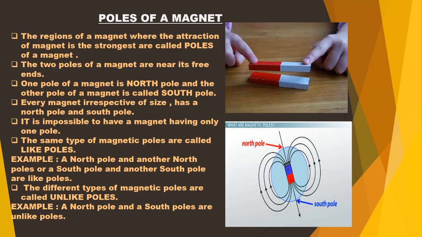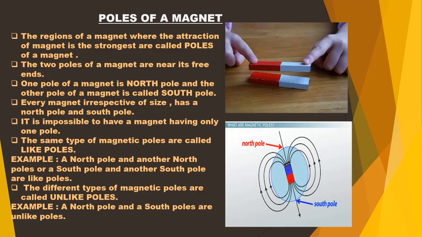Next one is the poles of the magnet. Now, if I give you a bar magnet or a piece of magnet, the magnetic property is not equal in all places. The regions of the magnet where the attraction is strongest, if you take a bar magnet, you will see on both sides it has the strongest magnetic attraction, and these are known as the poles of the magnet.